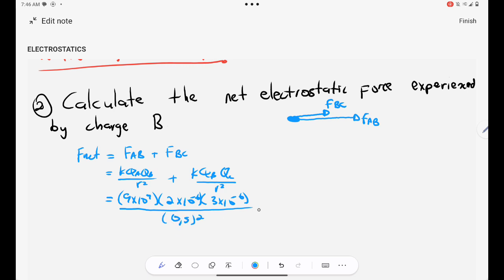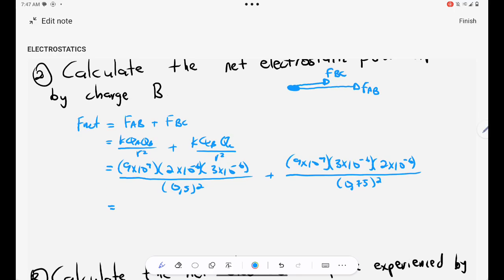That's 0.5 squared plus 9 times 10 to the power 9. The charge on B, that's 3 times 10 to the power negative 6. And the charge on C, that's 2 times 10 to the power negative 6, all over 0.75 squared. And then I'll simply find my resultant force.